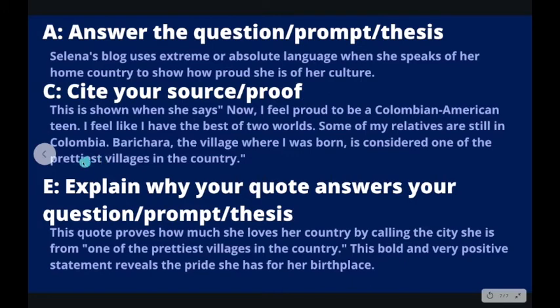This is probably the most extreme of all of them. And I took that and I explained it. She is calling the city she is from one of the prettiest villages in the country. Then I explained what that means to me. This bold and very positive statement reveals the pride she has for her birthplace. So the E in this one is explaining the C, which explains the A. Again, it's a big cycle.